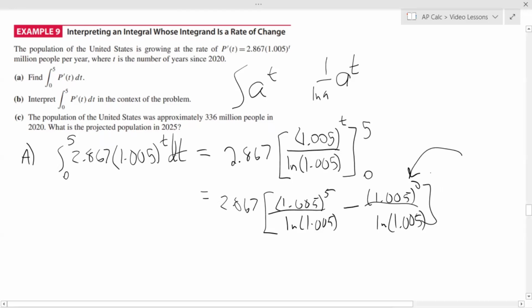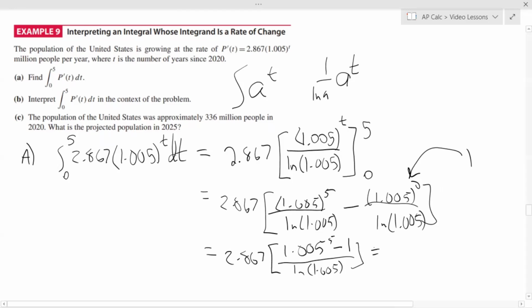All right. Anything to the 0 power except 0 itself is equal to 1. So we'd have 2.867 times 1.005 to the 5th minus 1 all over natural log of 1.005.